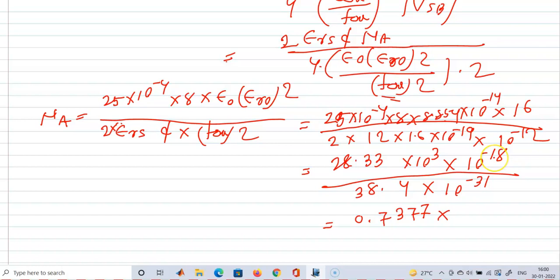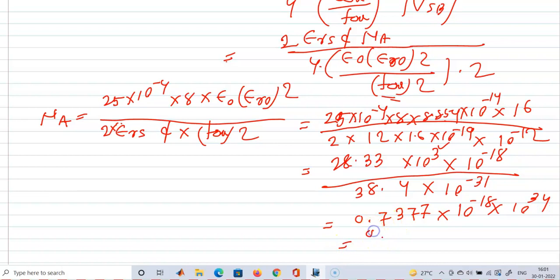Okay, 10 to the power minus 18, this is the negative, into positive 10 to the power 3, and when the numerator is 10 to the power 31, so 10 to the power 34.